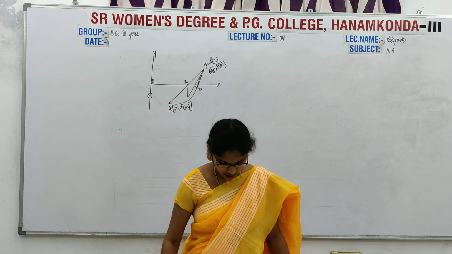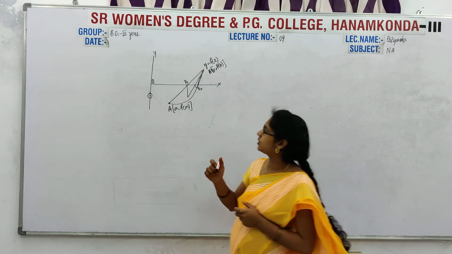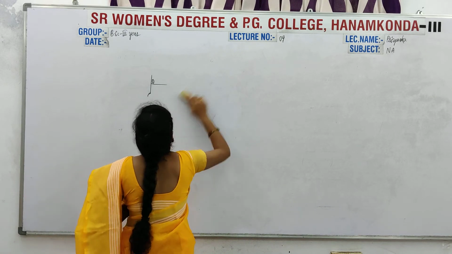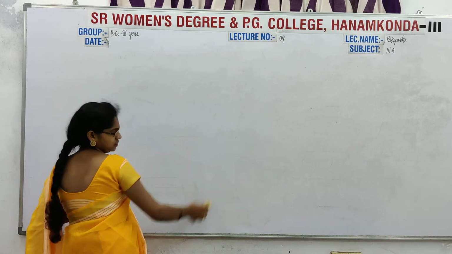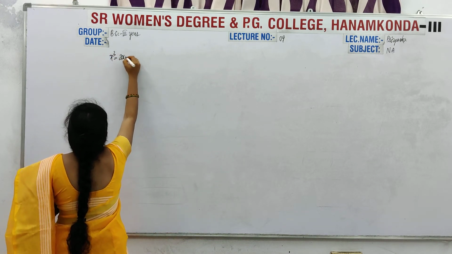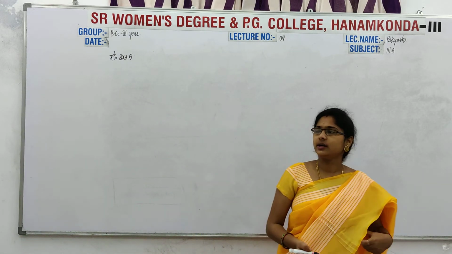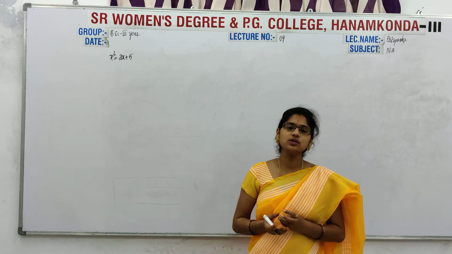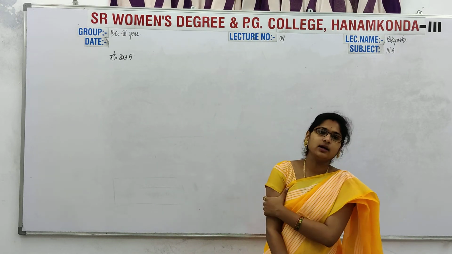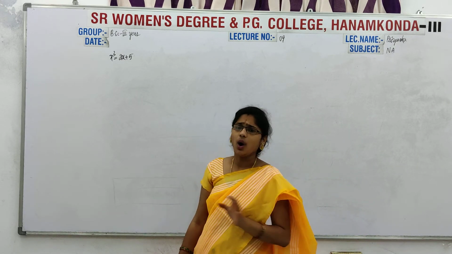So now here I am going to discuss one application. Now write down: solve x cube equal to 2x plus 5 for the positive root by the regula falsi method.